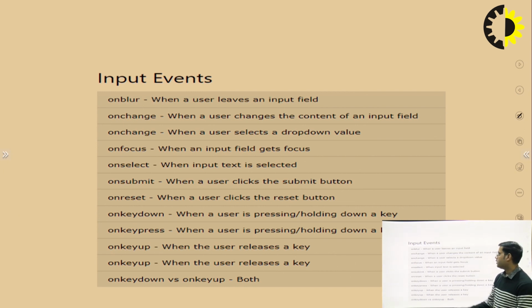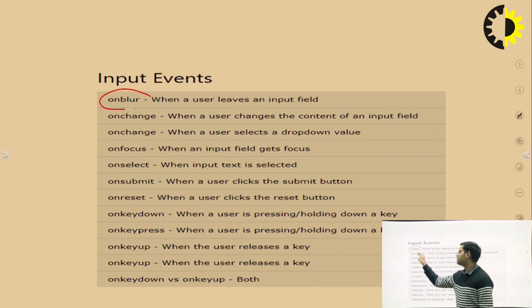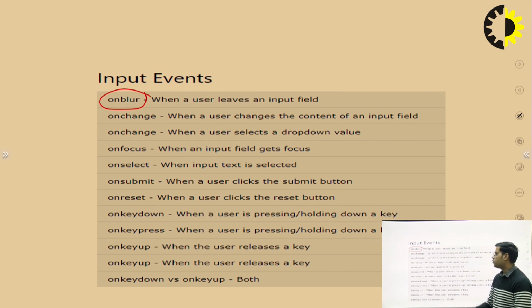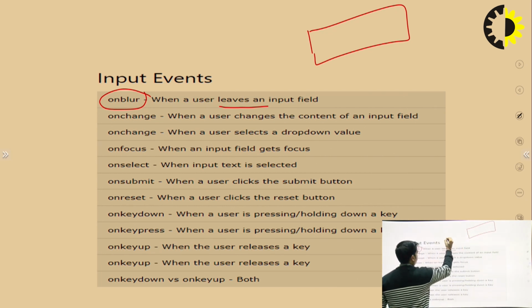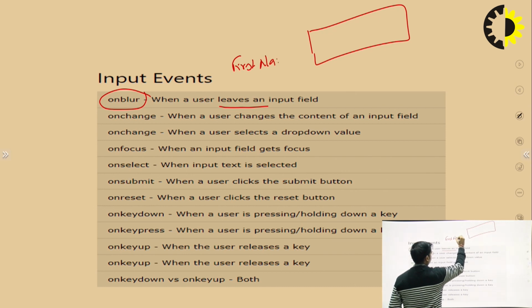For an example, if we take an event called the onblur event, right? So when a user leaves an input field, like this text area input field in which the user then enters his first name, right?